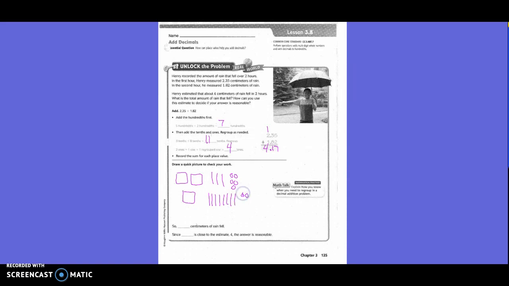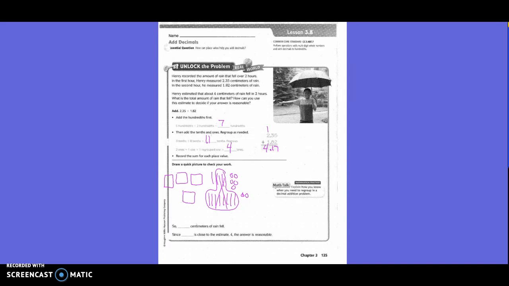Okay. Do I have 9 or more small cubes? No. So I can't regroup with those, right? Do I have 9 or more longs? Yes. So how many did I draw down here? 8, right? So if I take 2 more from up here, I'm going to cross that off and then draw another flat, right?